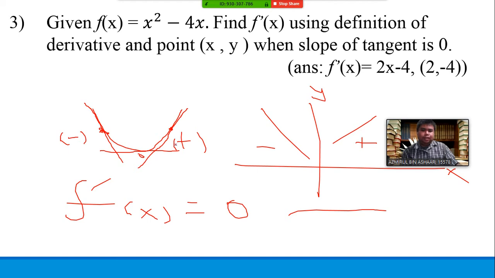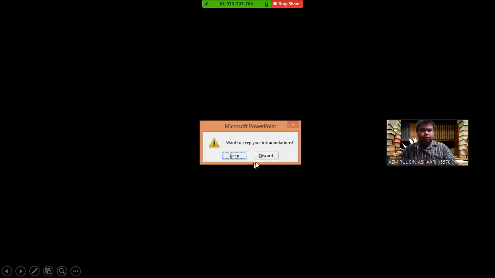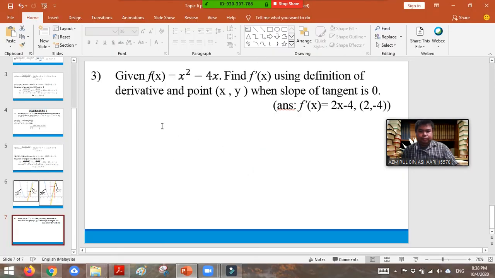Okay, it's not negative, not positive, but the straight one has become 0. It's f prime x equal to 0.